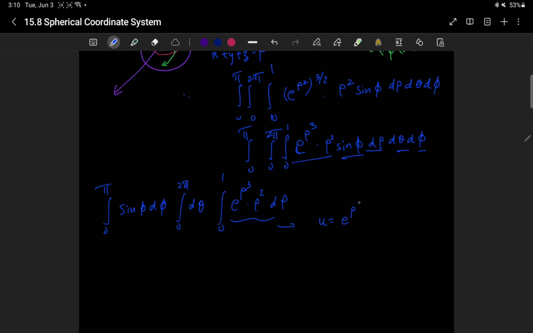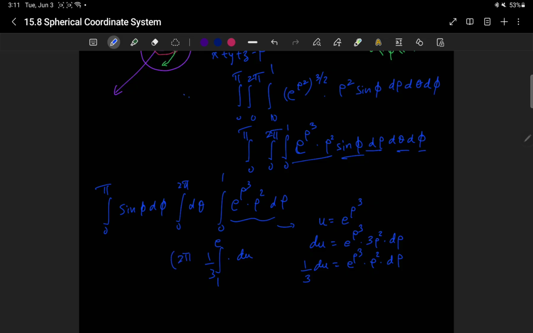If you let u be e raised to rho cubed, by the chain rule, the derivative is e raised to rho cubed times 3 rho squared d rho, or 1/3 du is e raised to rho cubed rho squared d rho. Now, when rho is 0, u is e raised to 0, which is 1, and when rho is 1, u is e, and this is just 1/3 du.